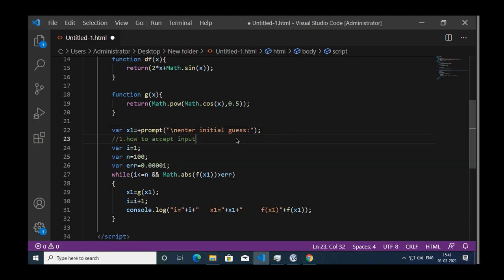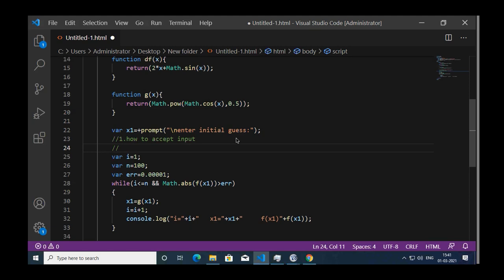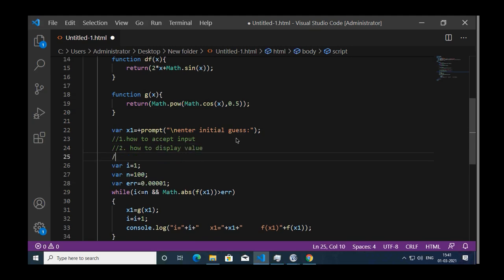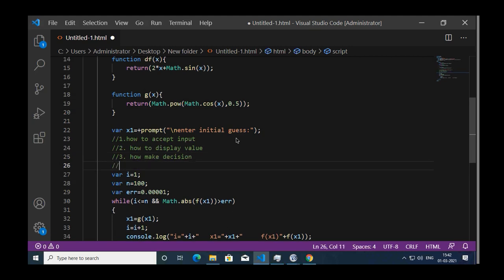Then I have to learn how to display values. Third, I need to learn how to make decisions, the if statement.